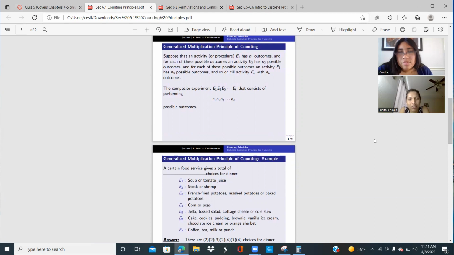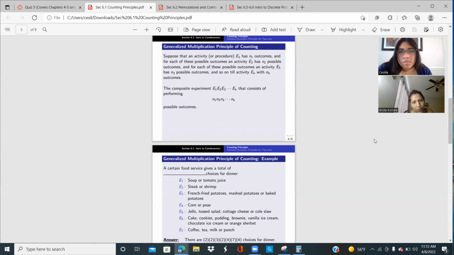Generalized multiplication principle of counting. Suppose that an activity or procedure E1 has N1 outcomes, and for each of these possible outcomes, an activity E2 has N2 possible outcomes, and for each of these possible outcomes, an activity E3 has N3 possible outcomes, and so on until activity Ek with Nk outcomes.